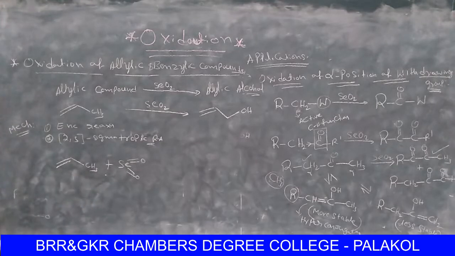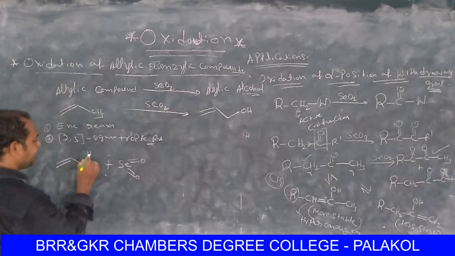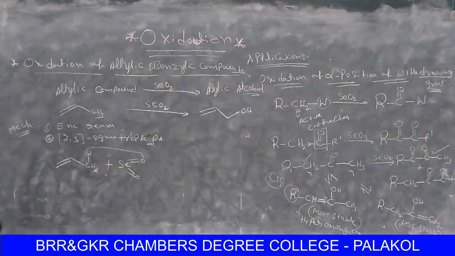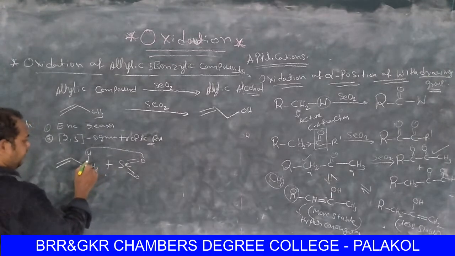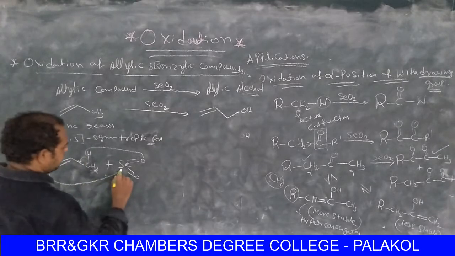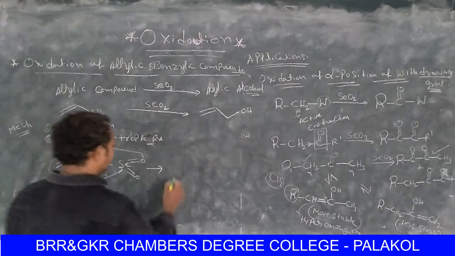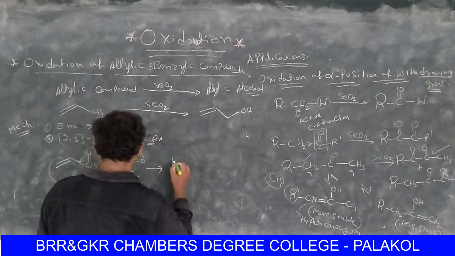And here, CH3, how is it converted? Hydrogen will be taken by the oxygen atom, and this bond is shifted like this, and this bond is shifted like this, right? So finally, doing all this, what are we getting?